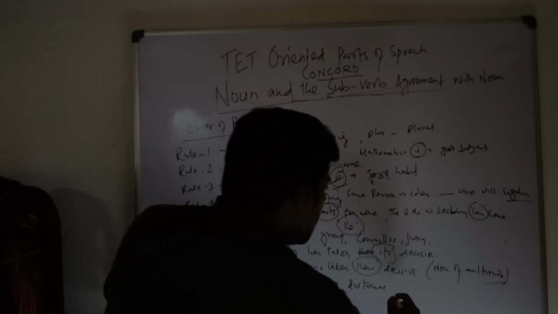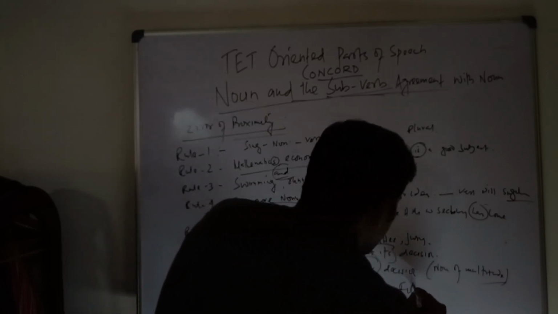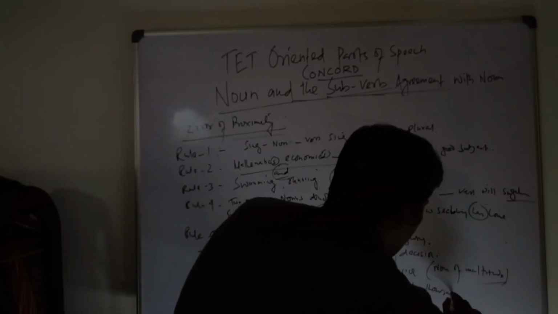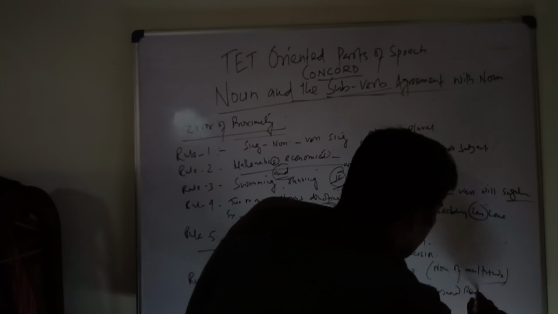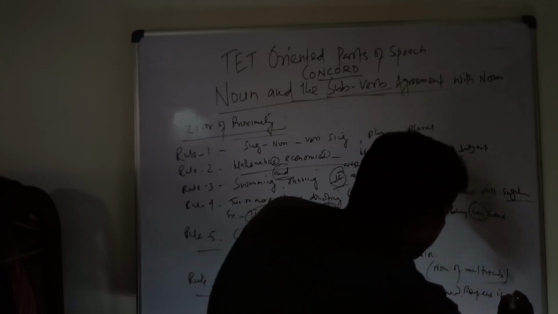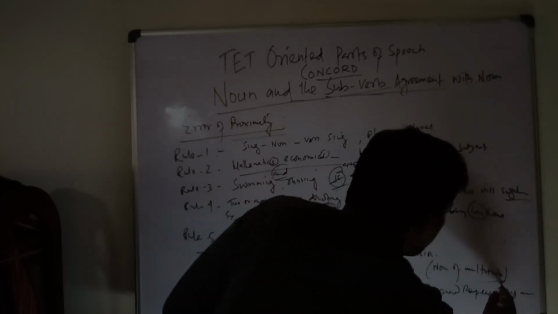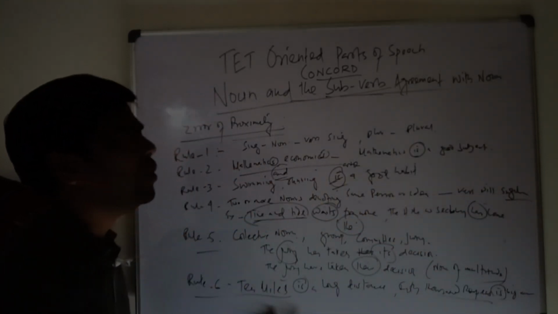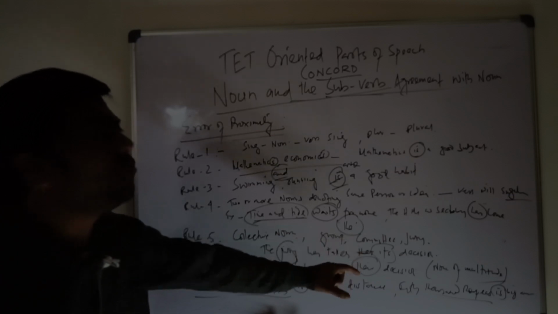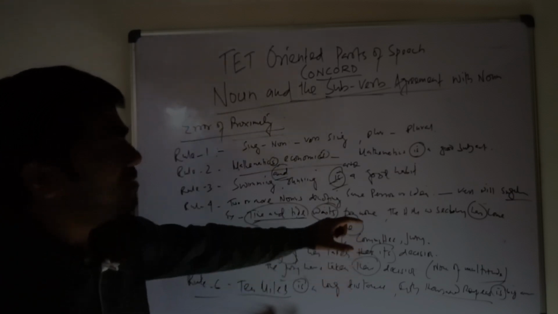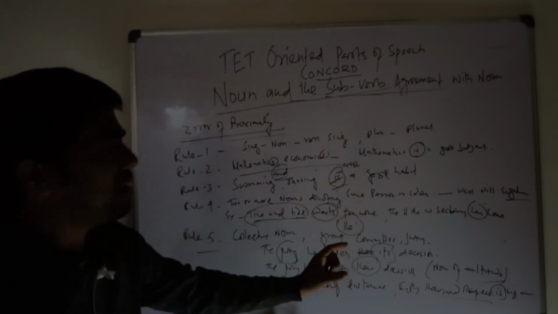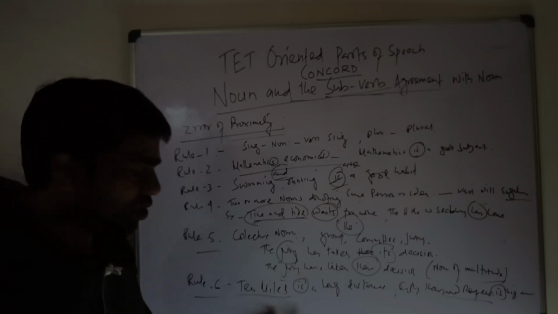50,000 rupees is a big amount. Is. So these plural nouns are taken as a unit.